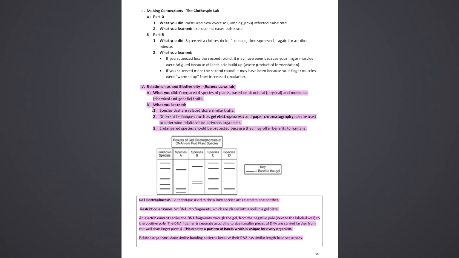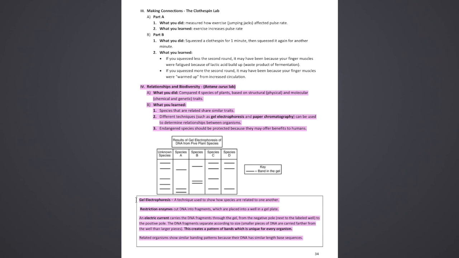Species that are related share similar traits. 2. Different techniques, such as gel electrophoresis and paper chromatography, can be used to determine relationships between organisms. 3. Endangered species should be protected because they may offer benefits to humans.